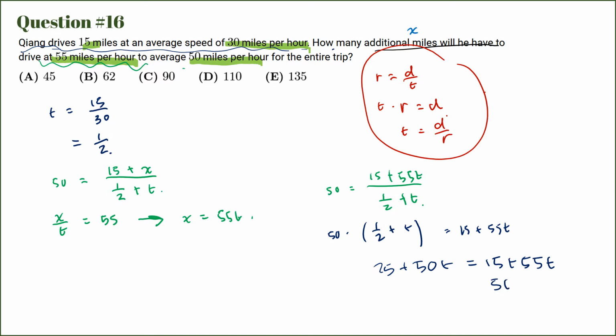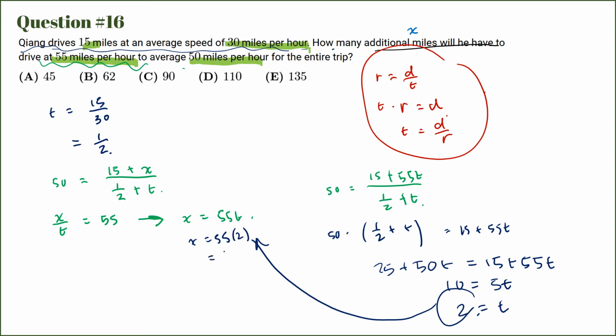So 5t equals 10 and t equals 2. So he would have to drive for 2 hours. Now let's plug that back in to see how many miles he would have to drive. x equals 55 times 2, so that would equal 110. So the answer is D.